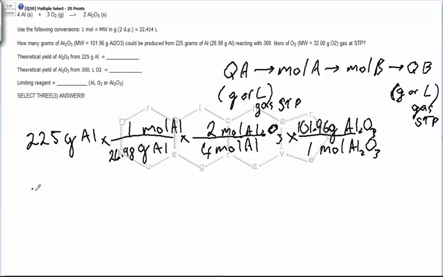Now I'm going to do the same thing down here. I'm going to start with 300 liters of O2, and in order to get the yield I'm going to go from liters of O2 to moles of O2, then to moles of Al2O3, and then to grams of Al2O3.